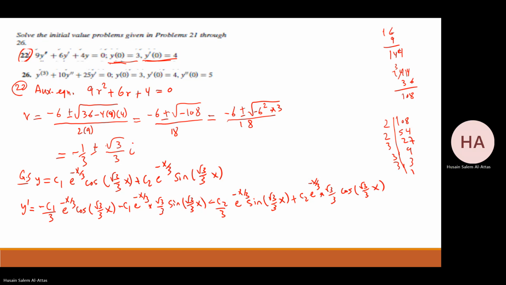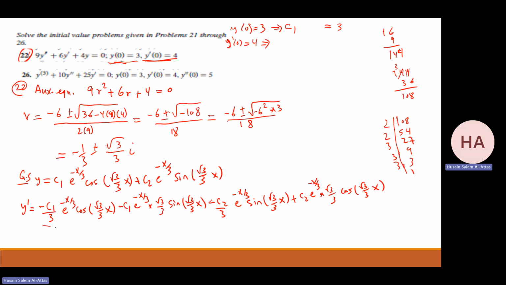I have y at 0 equals 3. That gives me C1 e to the power 0, which is 1, cosine 0 is 1, and the other term is 0. So I have C1 equals 3. Okay, that's the only thing good. Now y prime at 0 equals 4.